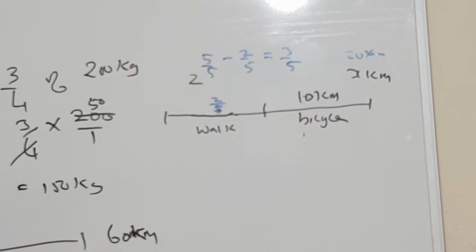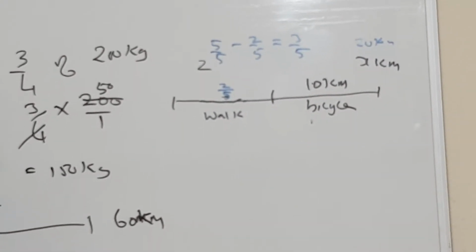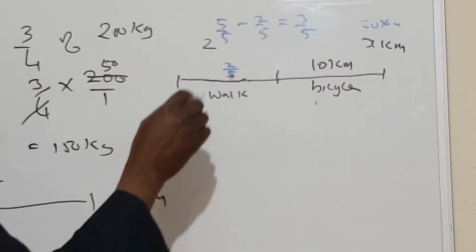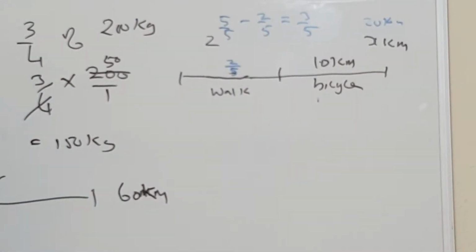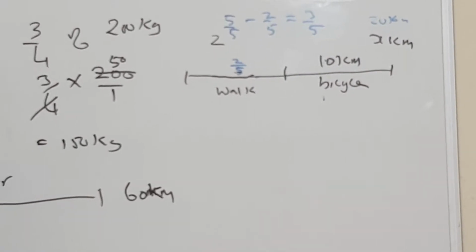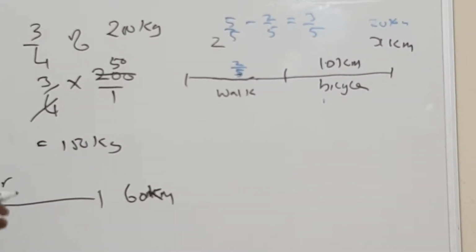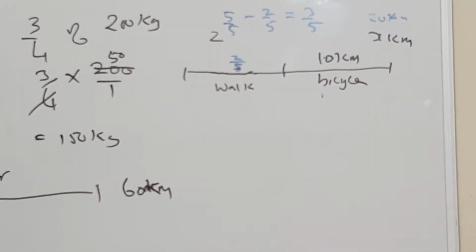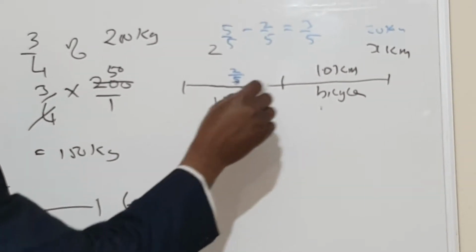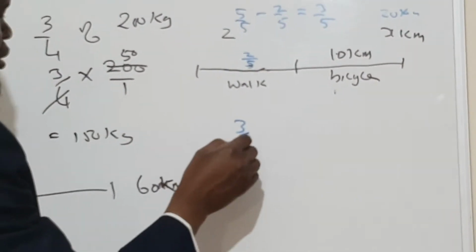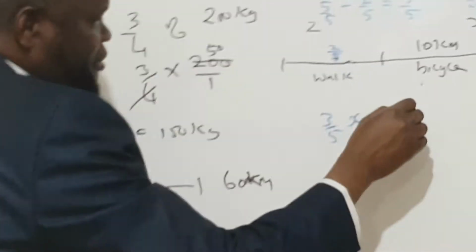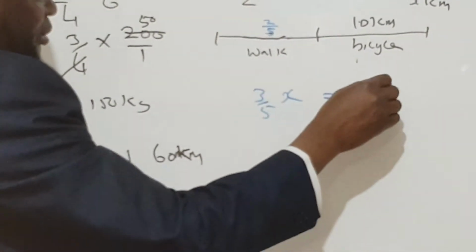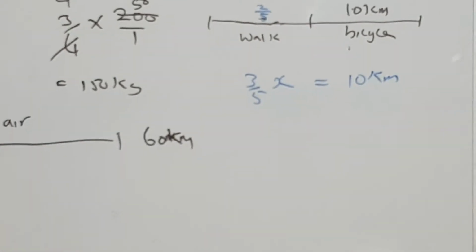Do you get it? So basically, we can use proportion. If 2/5 is equal to 10, what is 3/5? Therefore, we can use it. But that will be long and complex. But we know the 3/5 of the whole journey, which is x, we don't know, is equal to 10 kilometers. You get it?